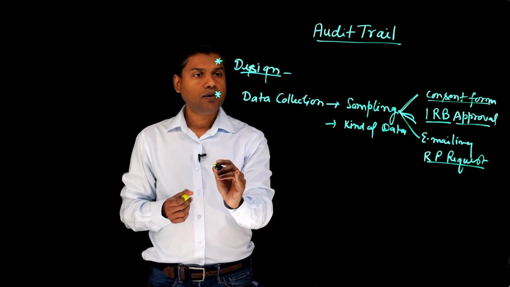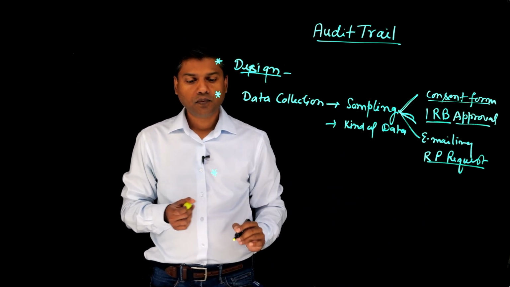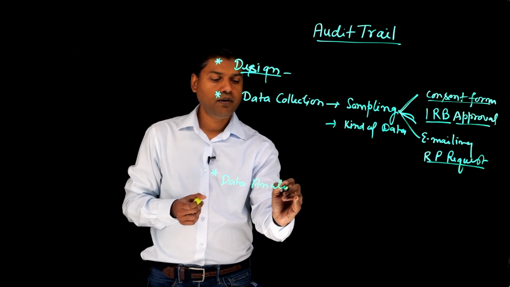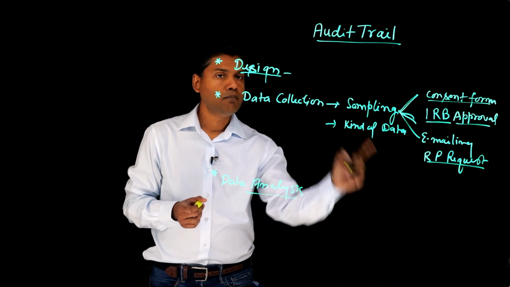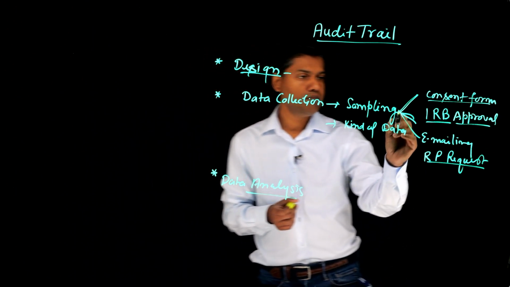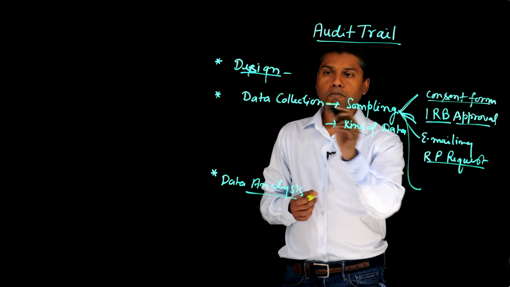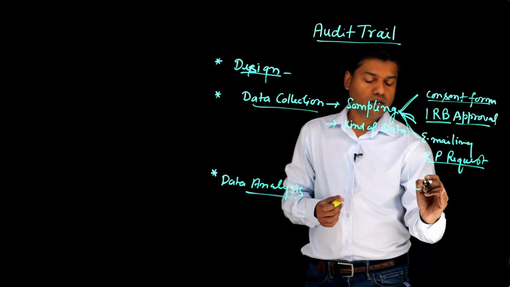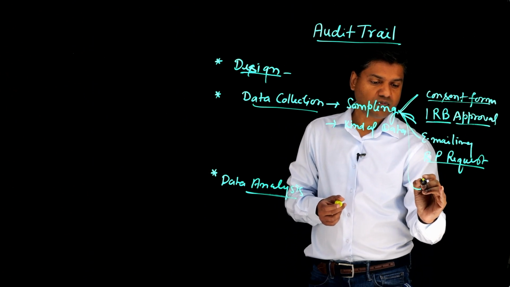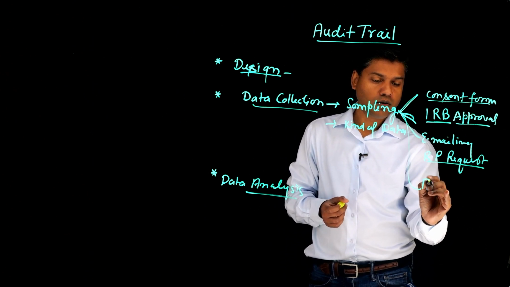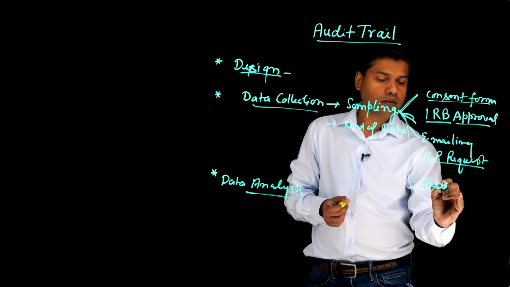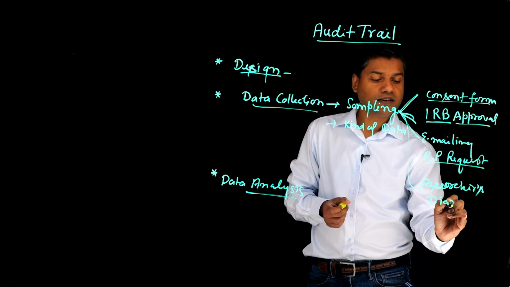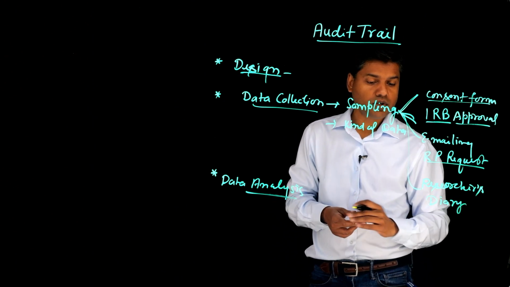Let's talk about data analysis. But before I jump there, let me come back to data collection. Another method of having an audit trail during data collection is your reflection notes or researcher's diary. We call it a reflection note.